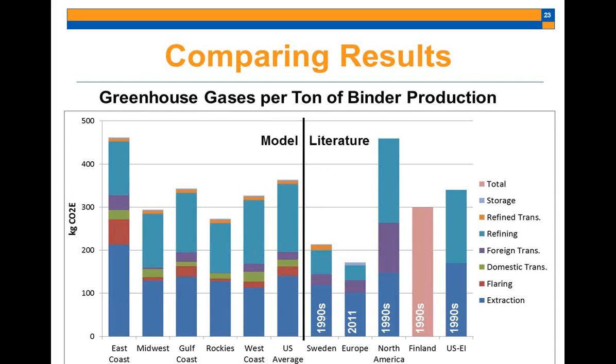So you can see, for example, the East Coast, the extraction has a really high contribution compared to the other ones. I don't have the numbers right now, but they probably have a lot of oil from, for example, Nigeria, because the environmental burden from extracting in Nigeria is very heavy compared to the other countries.